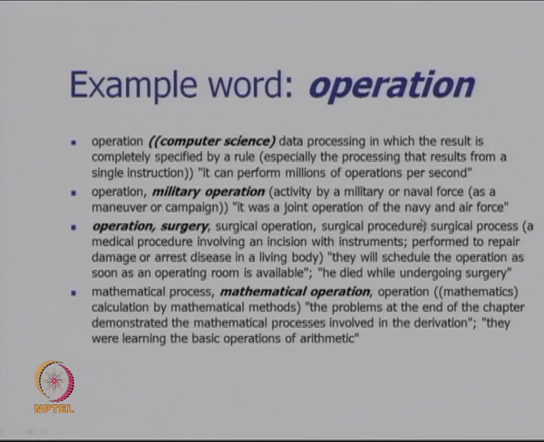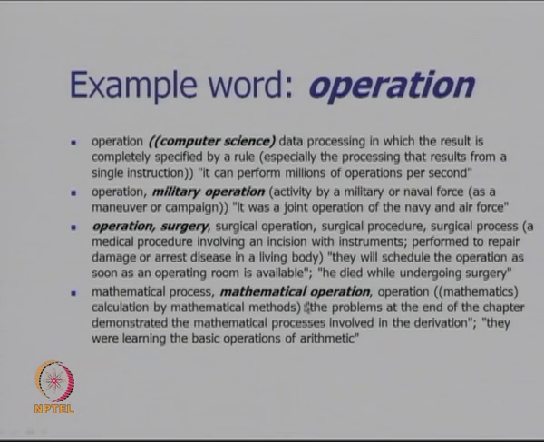This was a joint operation of the Navy and Air Force. Operation can also be in the medical domain in the sense of surgical operation. So, the meaning is a medical procedure involving an incision with instruments performed to repair damage or arrest disease in a living body. They will schedule the operation as soon as an operating room is available. He died while undergoing surgery.